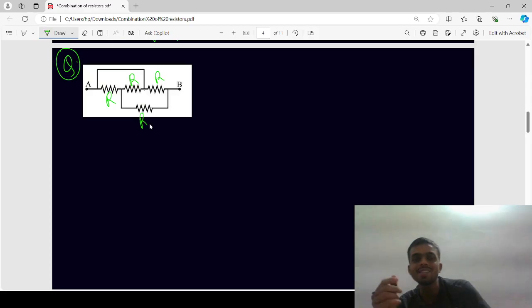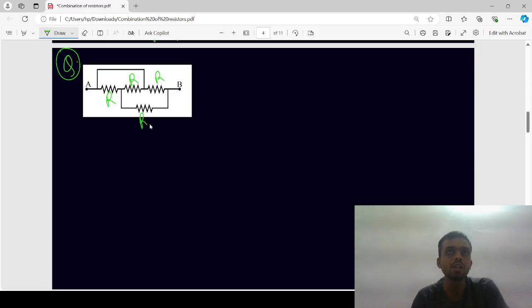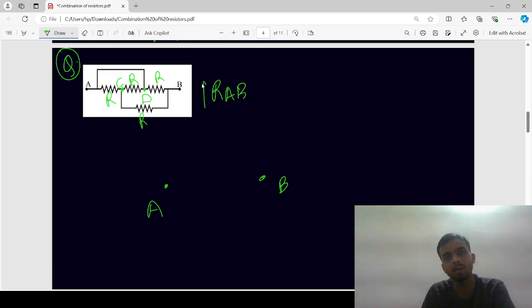In simple manner means that we can identify by seeing the circuit itself whether it is in series or whether it is in parallel. So first of all, we will name these common junctions where all the resistors are meeting. So let us say this point is C and this point is D. Now we are pointing this as A, this as B, and we need to find resistance equivalent between A to B. That means RAB.